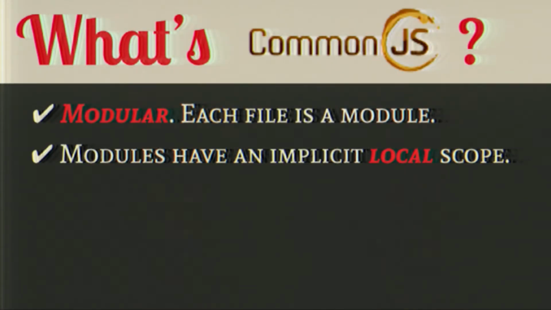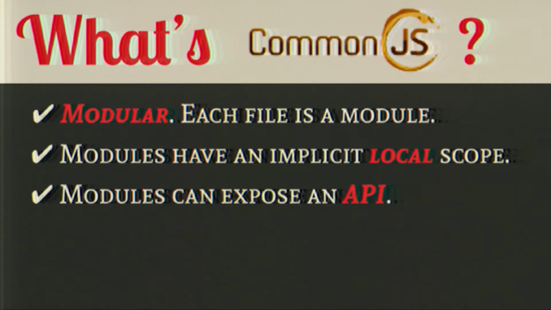So finally, CommonJS is, like I said, a module system where every file is a module. Modules have an implicit local scope, which is the great part. This really means that if you declare something at the top of the scope, like var foo, outside of any closure, it'll still be local to that module. And modules can expose a public API, like I showed earlier with module.exports, and that can be an object, a function, or any literal.